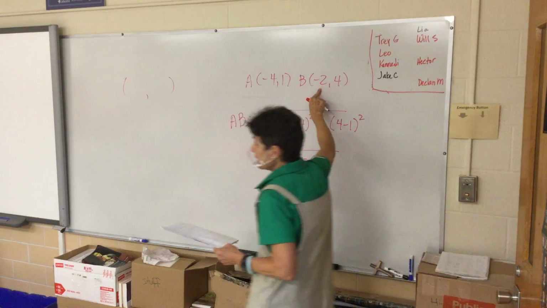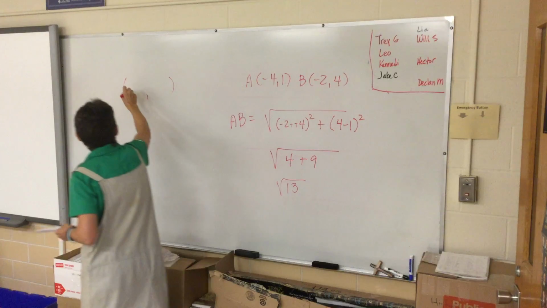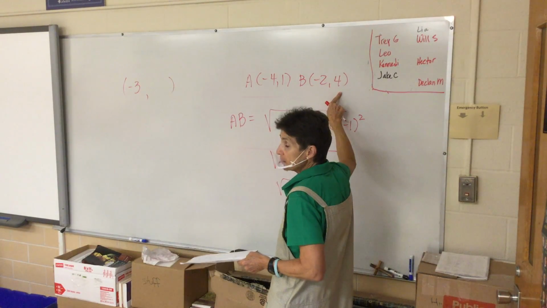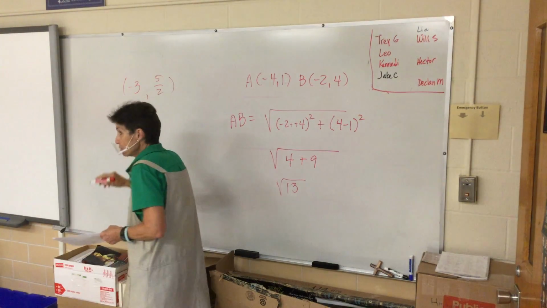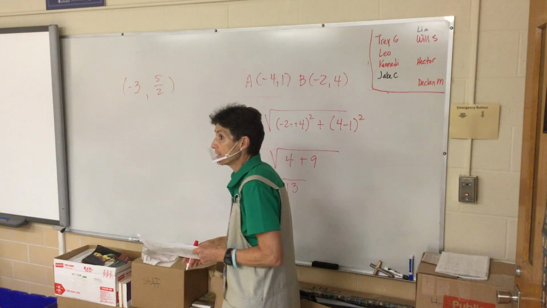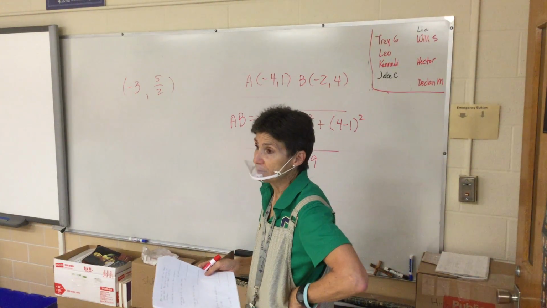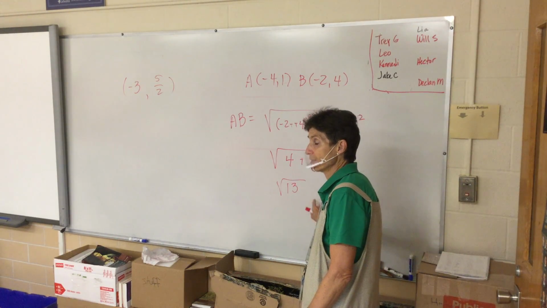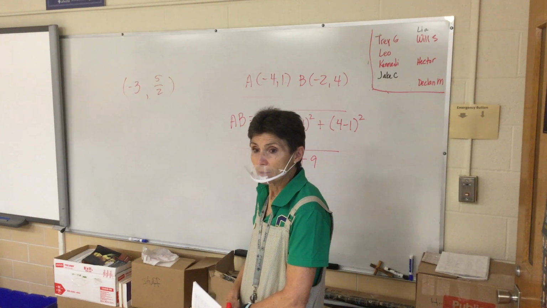What's -4 and -2? -6 divided by 2 is -3. 1 and 4 divided by 2, 5 halves, or 2.5. We put either. Yeah, because you're not rounding that off. It's exact. If you type square root of 13 in your calculator, you have to round that off. That's what I don't want. Okay?